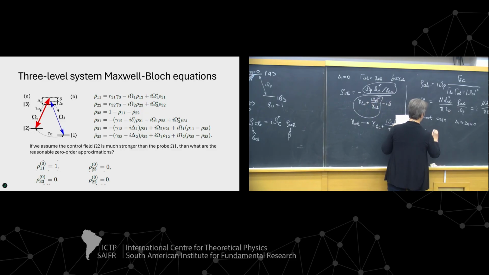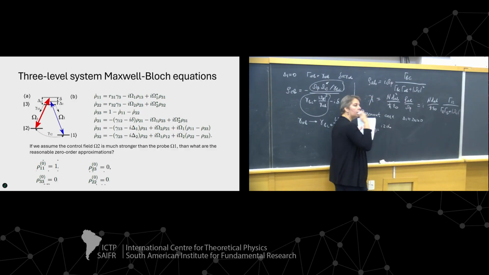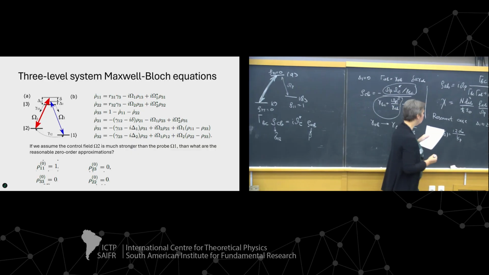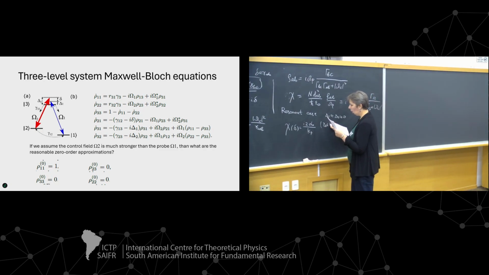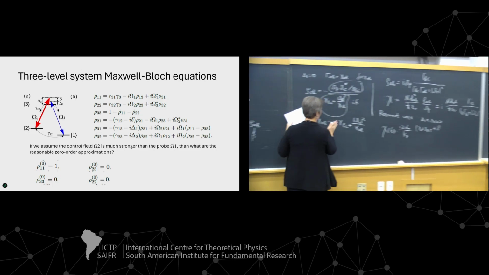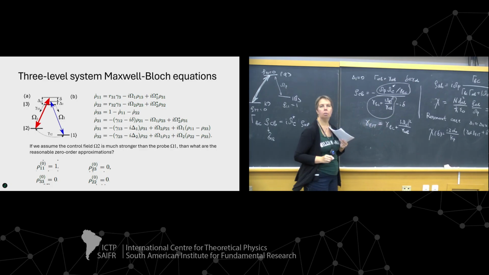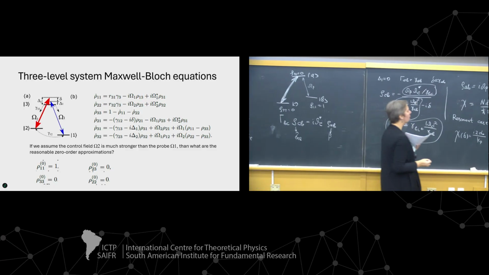Let me write it down: i 2 alpha naught, the definition of unsaturated absorption from last time, divided by the wave vector for the probe field. Then we have gamma AB times gamma EIT plus delta squared. I will define gamma EIT as this. So this is the characteristic width of our resonance.